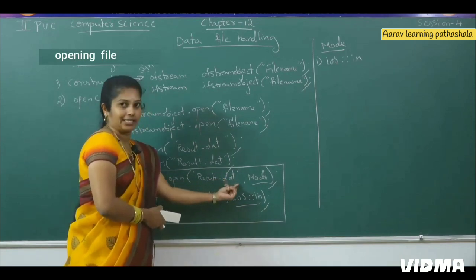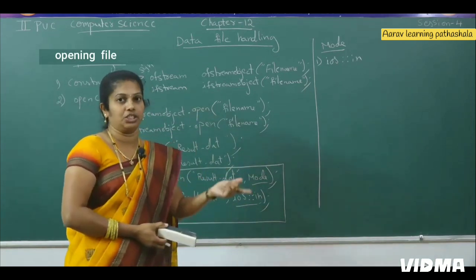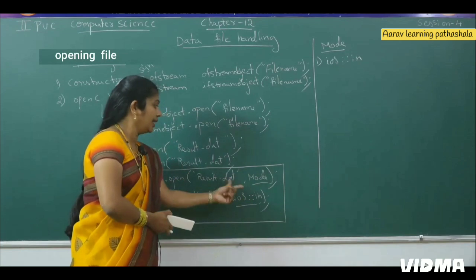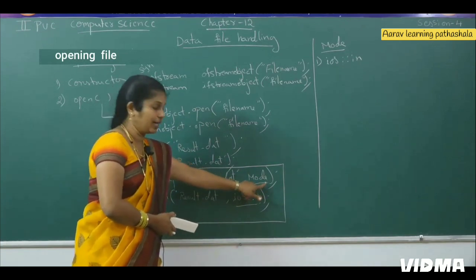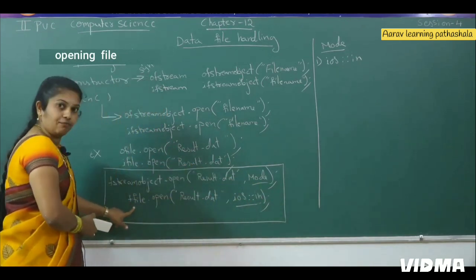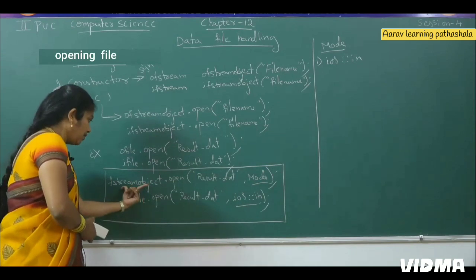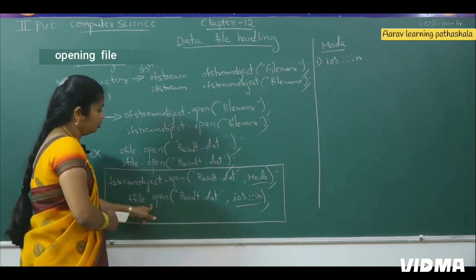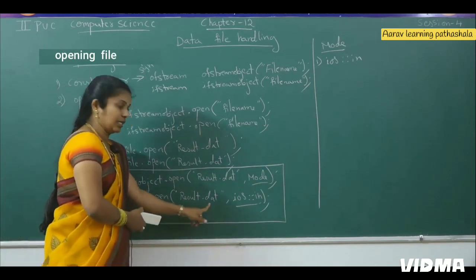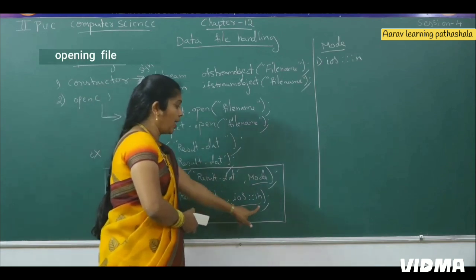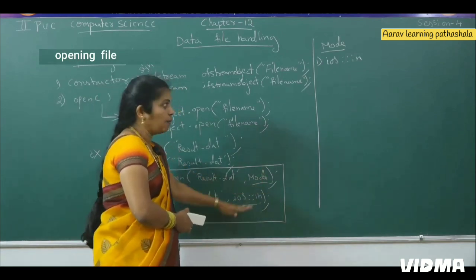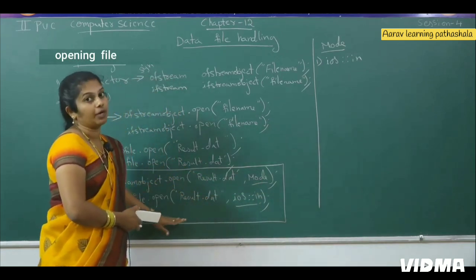This dat is the extension. If you want txt, whatever extension the file has, you can write it, then comma and the mode. Here ffile is the fstream object. We write dot open, inside the quotes result dot dat comma ios in. Here we are opening the file for input purpose.